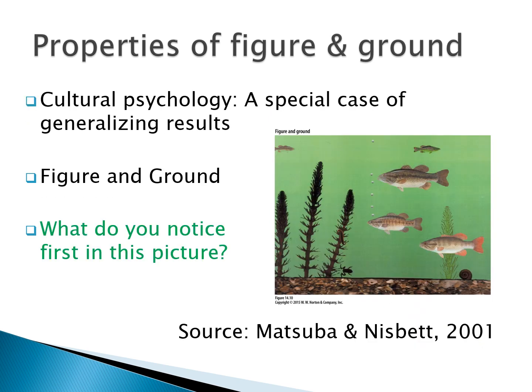I have taken this image and this study from Beth Morling's book on research methods, because I think it's a really important point to make. While we expect social psychology or higher level cognition to be more different between cultures, what's really interesting is that these lower level perceptual aspects, how we perceive and interpret our environment, are actually more culture specific.